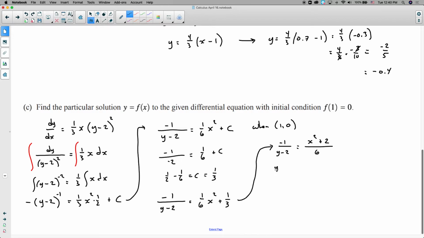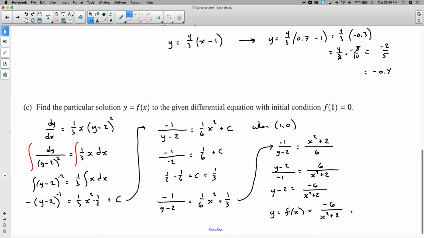Okay, so that allows me to reciprocate that side and take the reciprocal on that side as well. Okay, so there you go. And let's get rid of that negative, multiplying each side by a negative. And finally, add the 2, and I'll introduce the f of x notation as well.